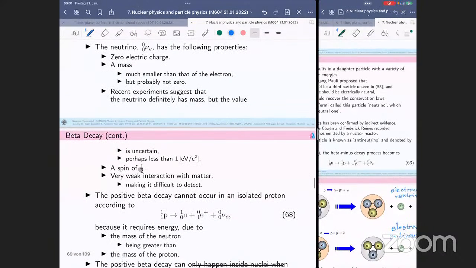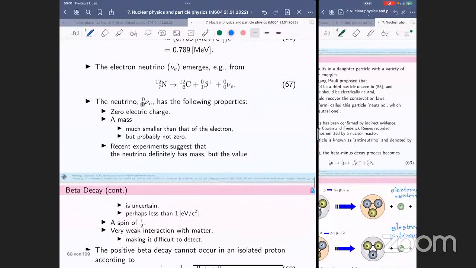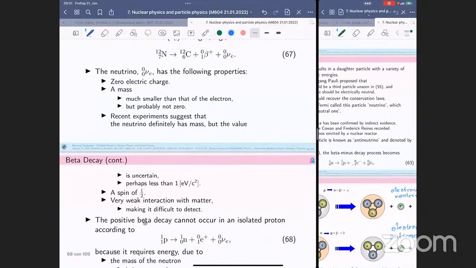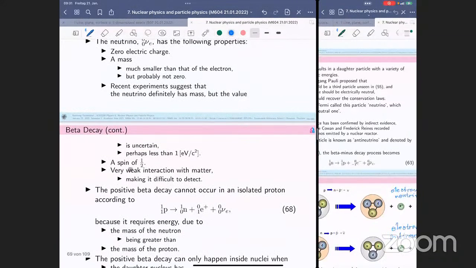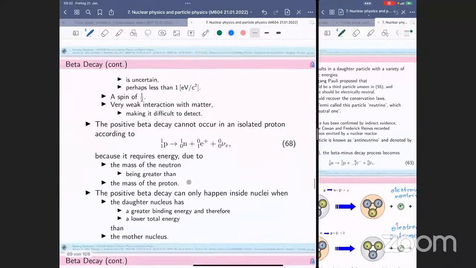But the important thing in physics is that the neutrino, whether electron antineutrino or electron neutrino, has spin 1/2, the same as the electron. It is very hard to detect because it has very weak interaction with other particles. I think it's not beyond human ability; we only need to wait.